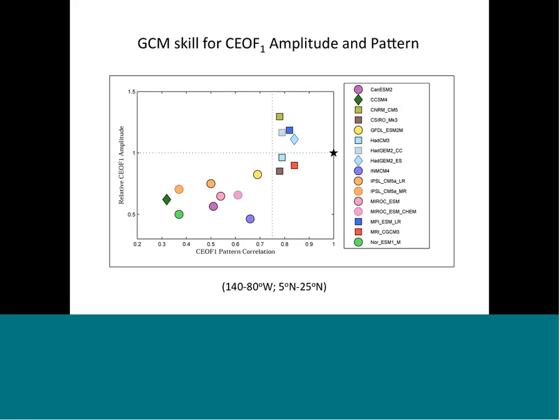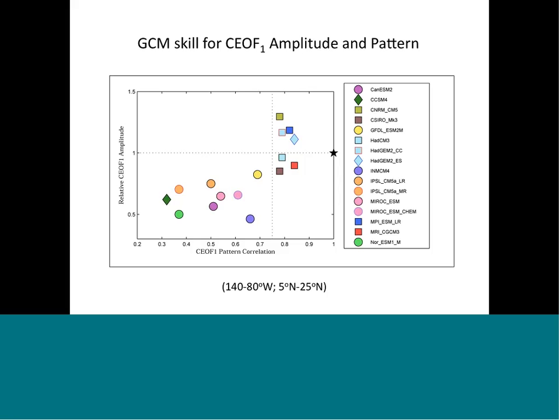Then we can calculate the pattern correlation between the model and the observations, and we sort the pattern correlation score on the x direction in these slides, and the y direction shows the relative amplitude of the leading mode against the observations. An amplitude above 1 means stronger than observed, and less than 1 means weaker than observations.